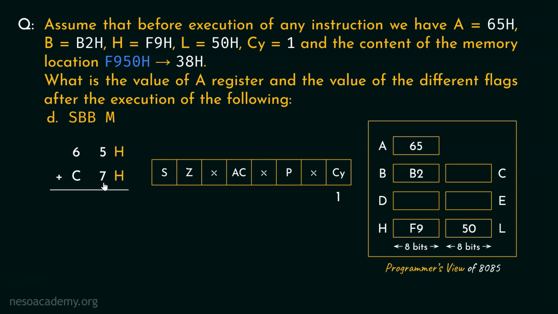So 5 plus 7 will give us the result 12, which in hexadecimal is C. Coming to the next part, 6 plus C, which is 12 of decimal, will give us the result as 18. And in case of hexadecimal, 10 is 16, so 11 is 17, therefore 12 is 18. Notice, it generated a carry, so clearly the obtained value is a positive value.